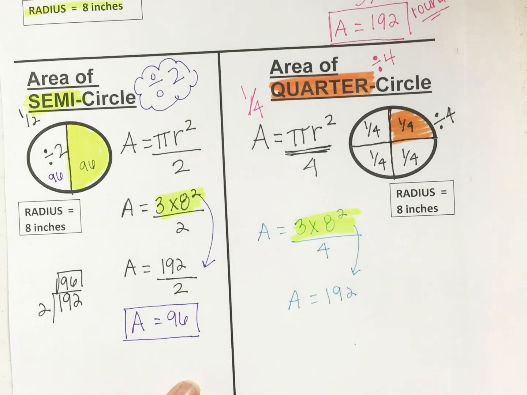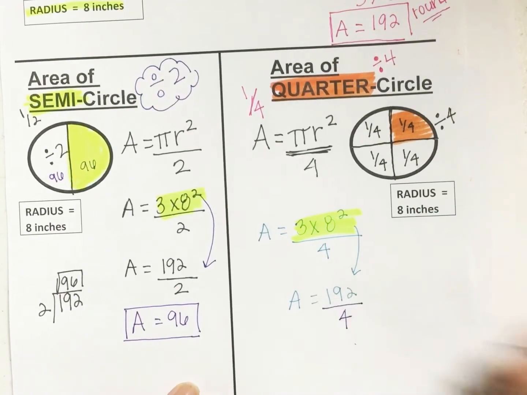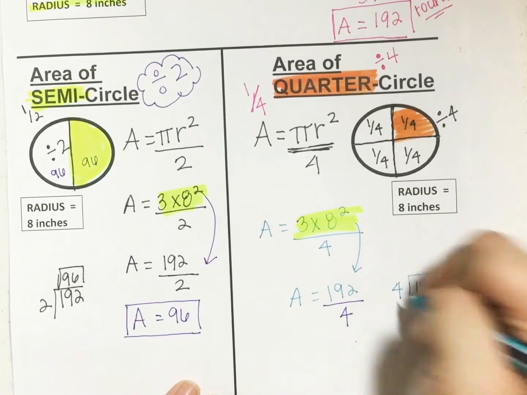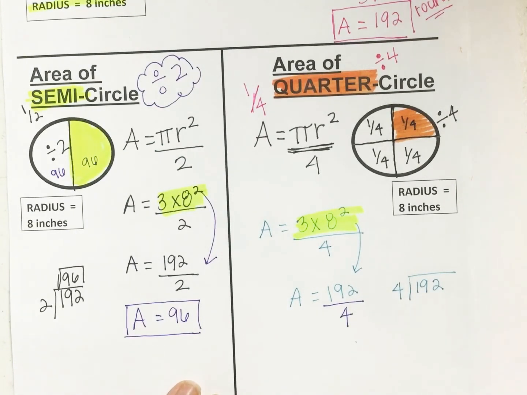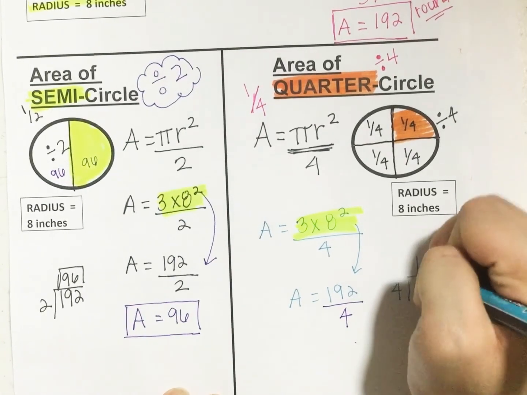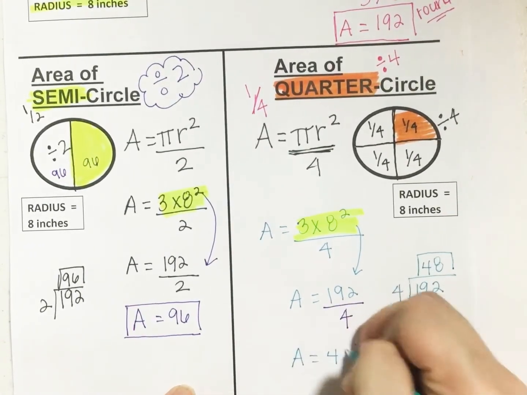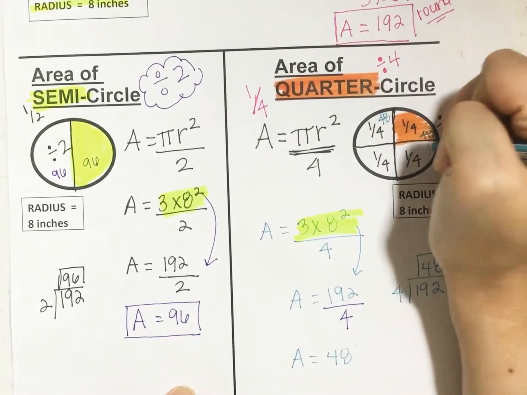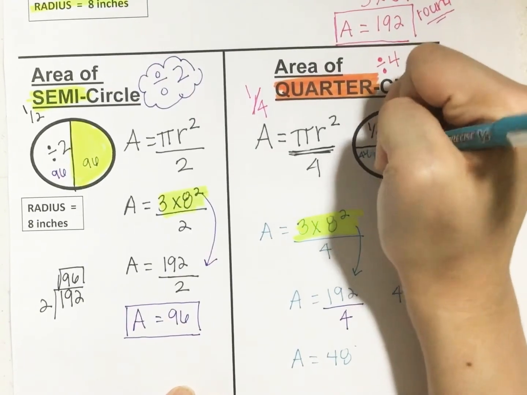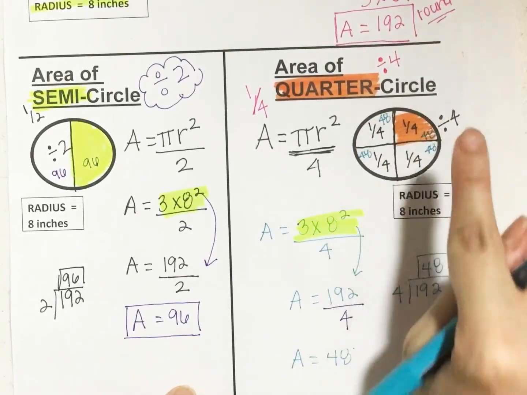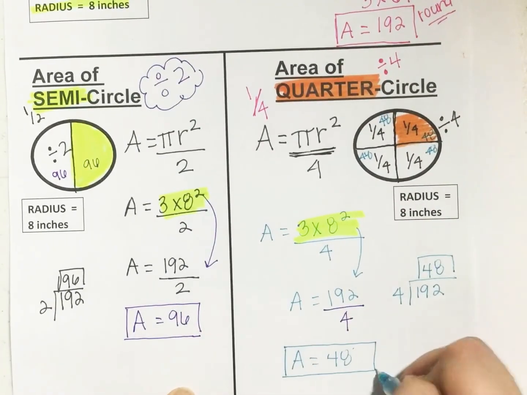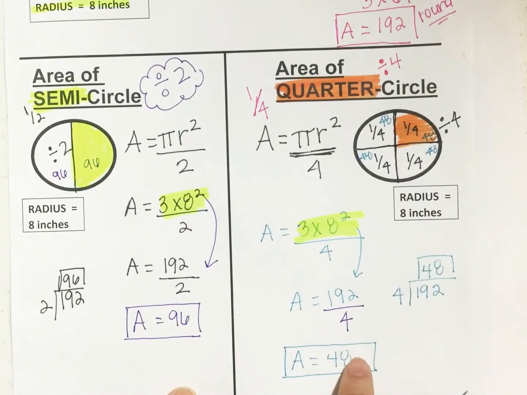So what do I need to do to that 192? Simply divide by 4. 192 divided by 4 gives me 48. What does that mean? Every quarter circle is 48, 48, 48. Each one is 48. But I want 1/4 circle. So the area of 1/4 circle for this example is going to be 48.